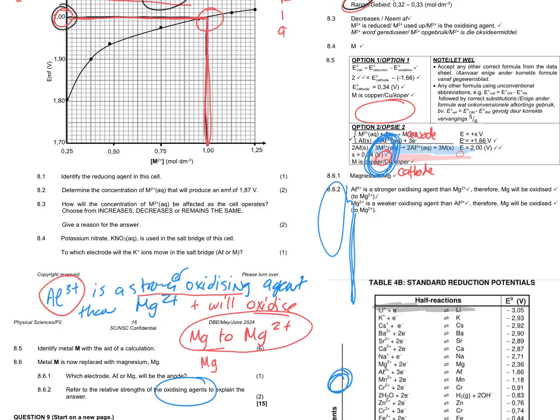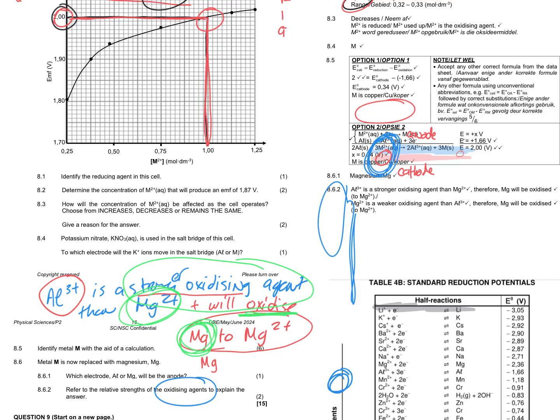And how you know what to write, if you can just remember things, if you're studying, you use whatever they tell you on the table, and you say, well, the one is a stronger oxidizing agent than the other, and therefore will oxidize the opposite side, which is Mg. So Mg is on the opposite side to Mg2 plus. All you need to say is the stronger oxidizing agent will oxidize the opposite side.